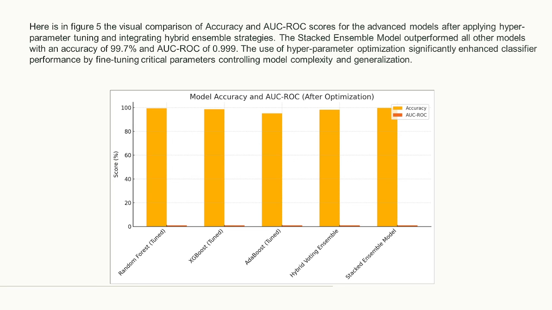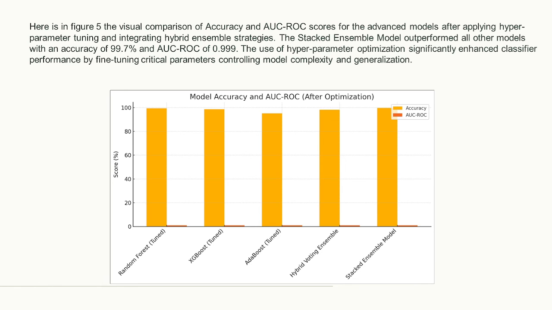The use of hyperparameter optimization significantly enhanced classifier performance, as I said, by fine-tuning critical parameters controlling model complexity and generalization. So tuning models, when we edit some of the constraint parameters of the algorithms before working with datasets, will be very beneficial and give high performance results.